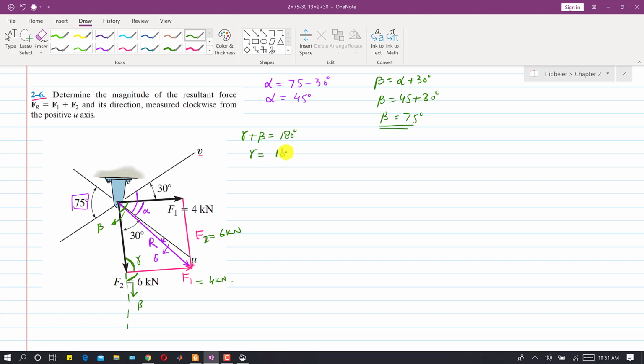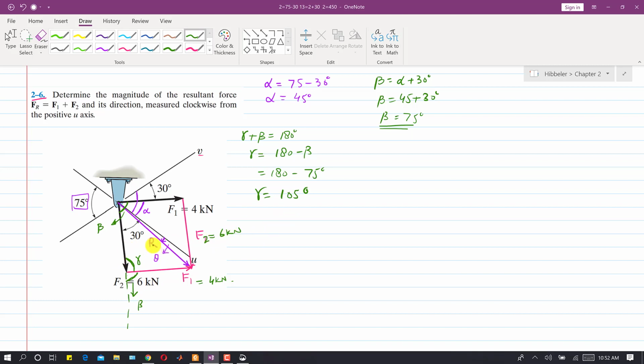So 180 minus beta, 180 minus 75 degrees, gives us 105 degrees, right? So gamma is 105 degrees, and it is the angle between F2 and F1, right? So this is F1 and this is F2.